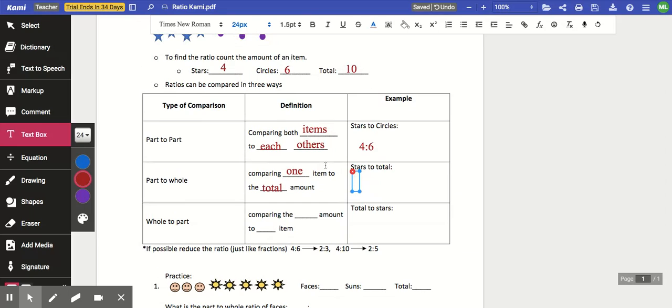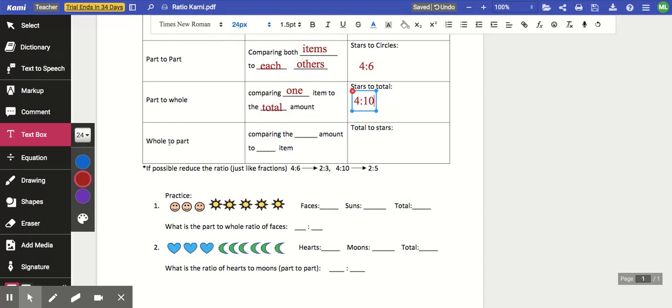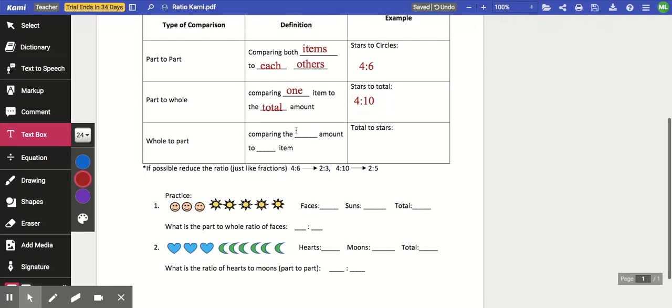So we go up here, we have 4 stars. Again, I need my colon, shift button next to L, and then in total I have 10. So my ratio of stars to total is 4 to 10, or 4 stars per 10.